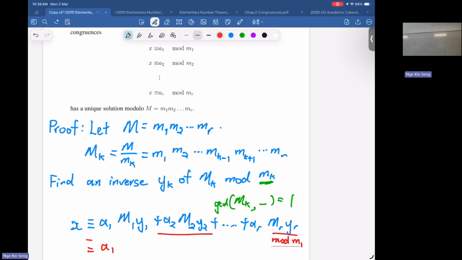So you can apply the same reasoning to all these terms, such that this solution will solve this system of linear congruences. Does it make sense? This term will reduce to 1 mod little m, and this other term is 0 mod little m, because it will contain m1, m3, and so on.